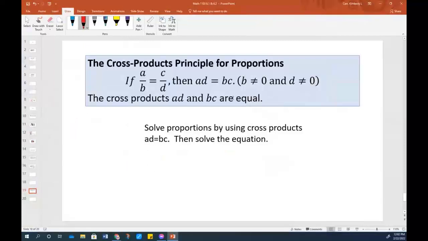So now let's look at this, cross products. Cross products is a principle for proportions. Proportions are going to look like fractions, but the difference is we don't think of them as being a part of a whole. Like if you have the fraction 3/5, you mean you have 3 parts out of 5 parts of the whole thing.